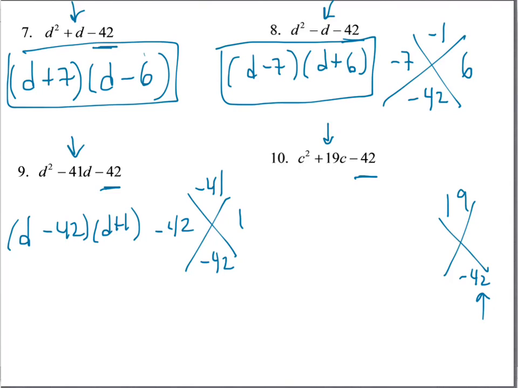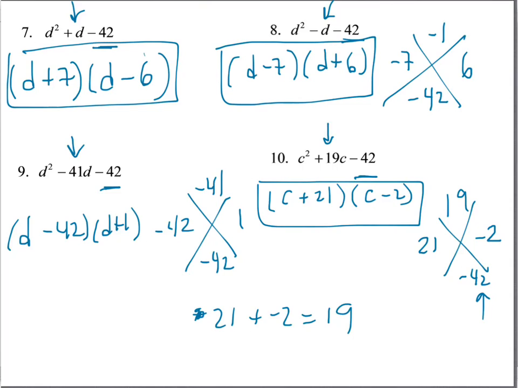Exactly one of them must be negative, because if both of them were negative, then the product would be positive. So we're going to make 21 positive and negative 2, because positive 21 plus negative 2 is positive 19, and their product is negative 42. So we'd have c plus 21 and c minus 2 here.